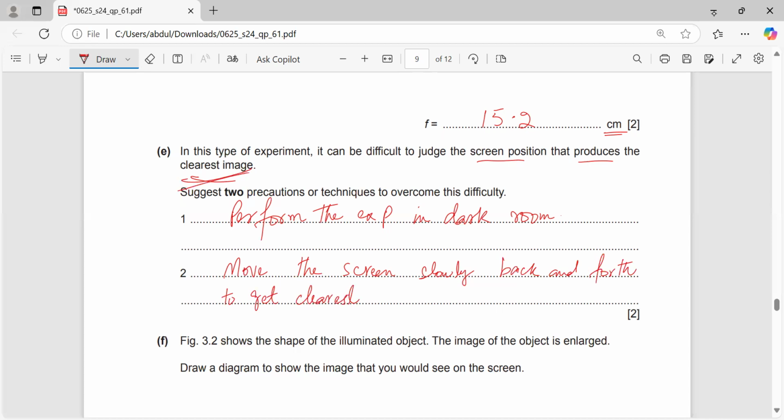This is the clearest image. Quickly I will share these two points.